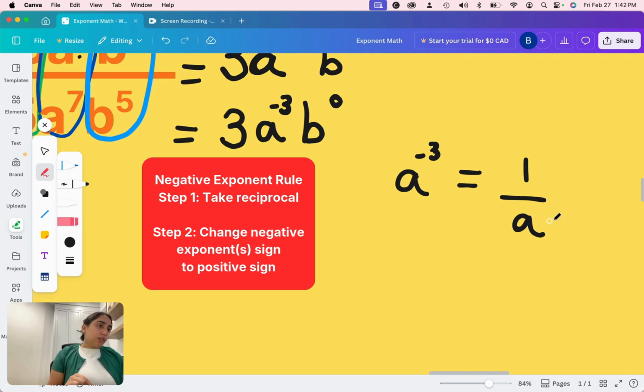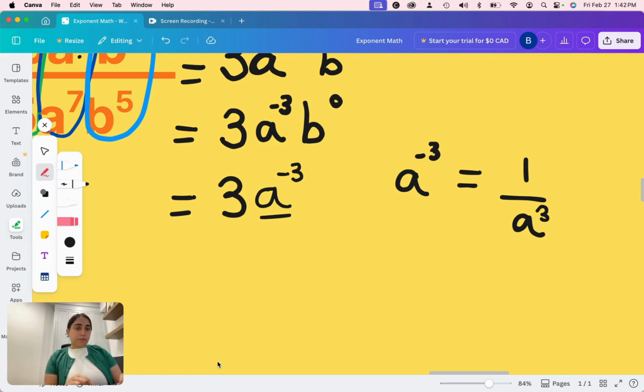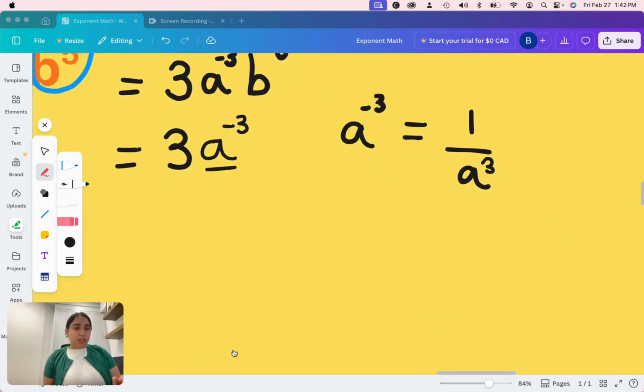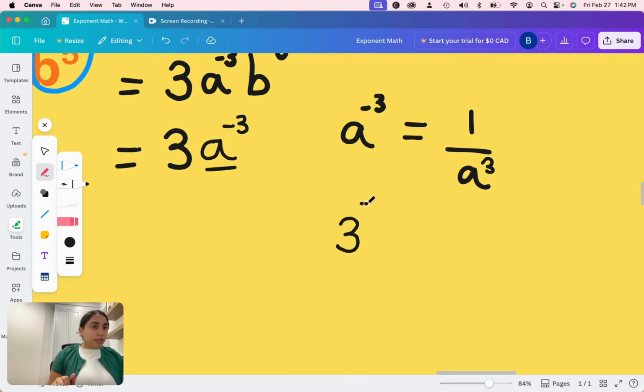This negative exponent becomes a positive exponent. Now again, if you were to plug this into your calculator, let's take an example: I want you guys to plug in 3 to the power of negative 3.